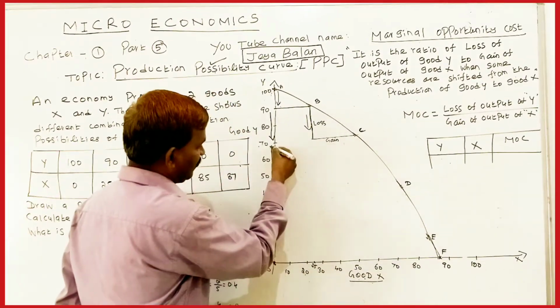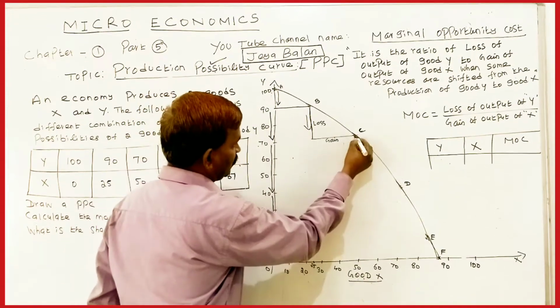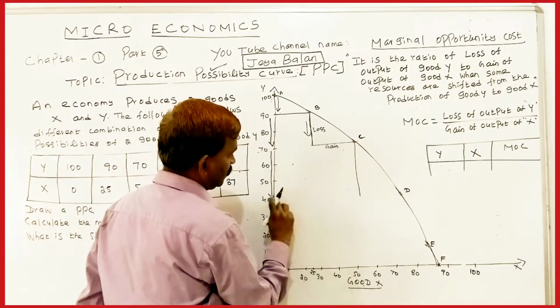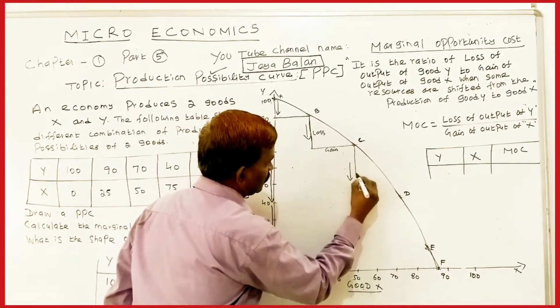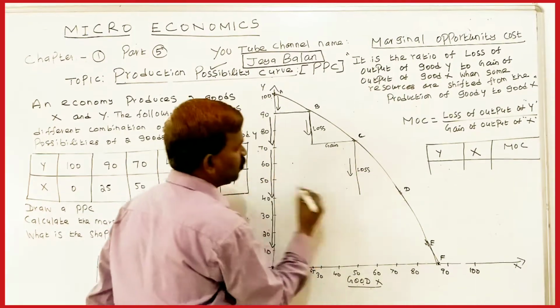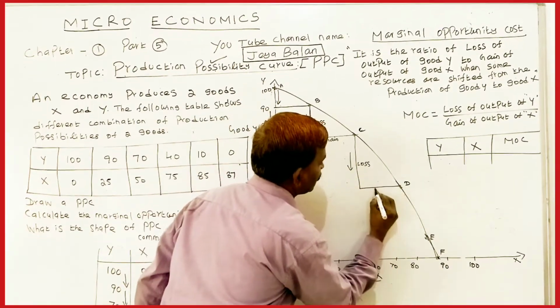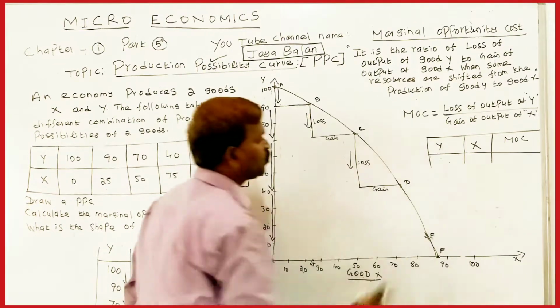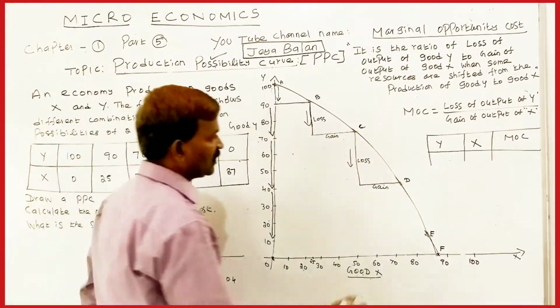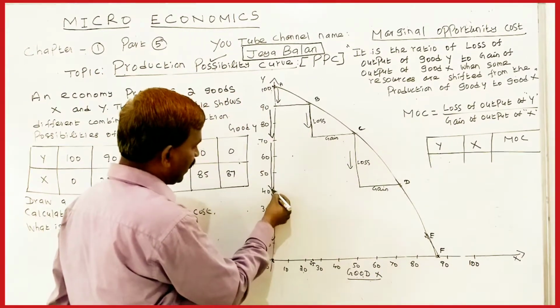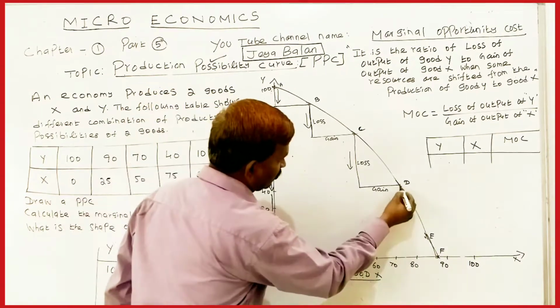See here, from 70 it has come down to 40. This is the loss in the output of good Y, but this is the gain in the output of good X. Again, the production of good Y decreased from 40 to 10.